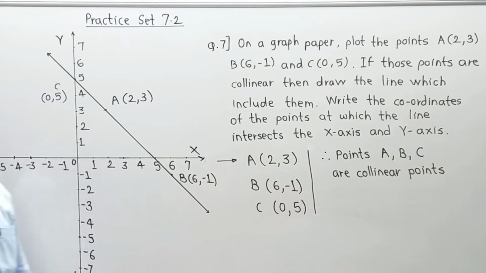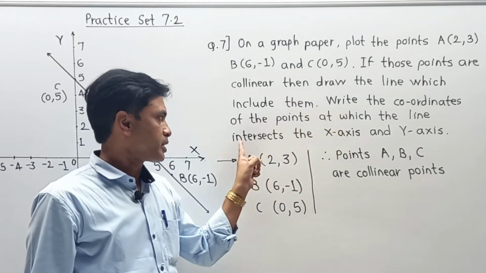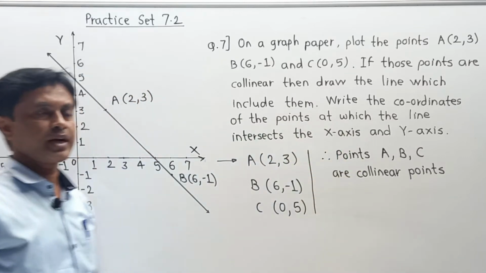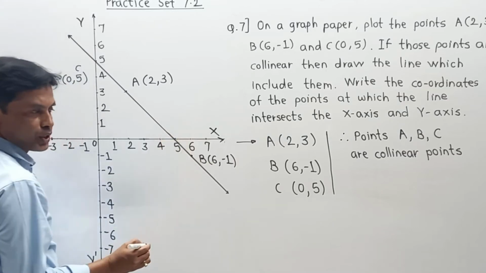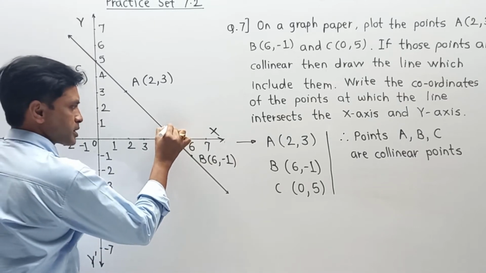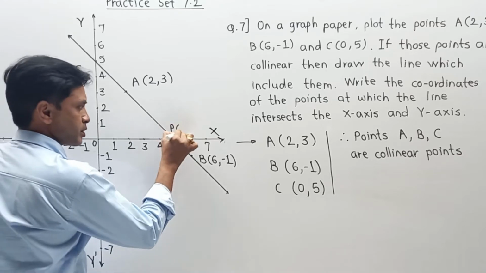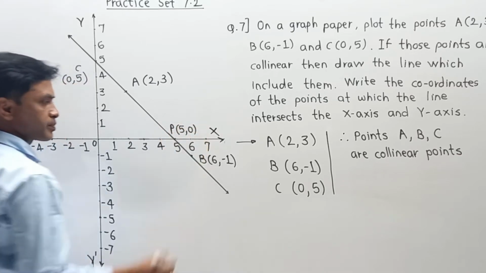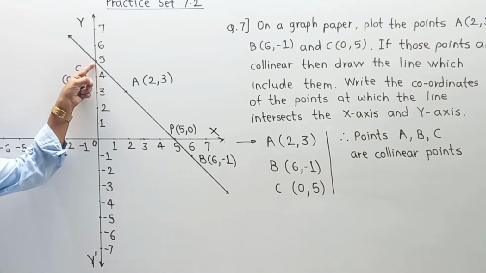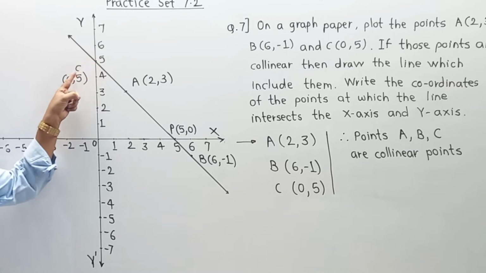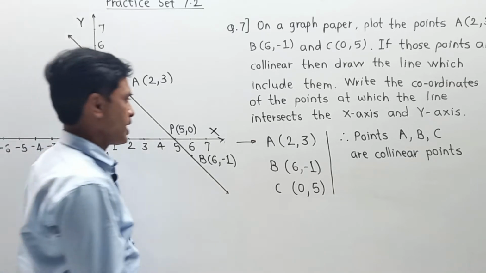Next, the question is, write the coordinates of the points at which the line intersects the x-axis and y-axis. This line intersects the x-axis over here. I am going to call this point P, and its coordinate is 5 and it is on the x-axis, so it's (5, 0). The same straight line intersects the y-axis over here, which is already a part of our numerical, that is C (0, 5).